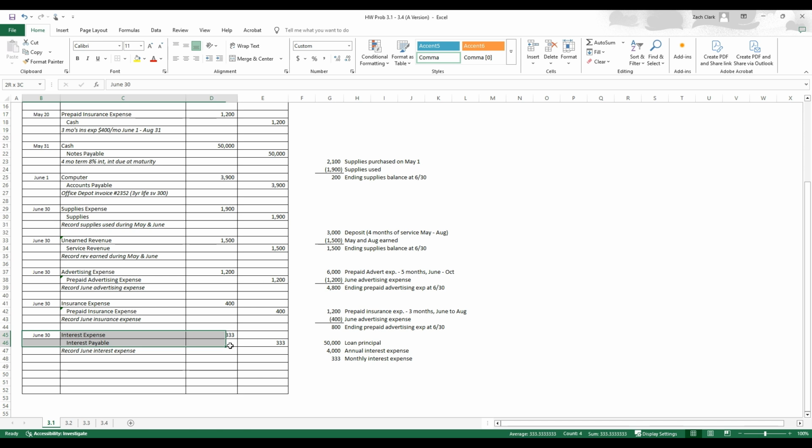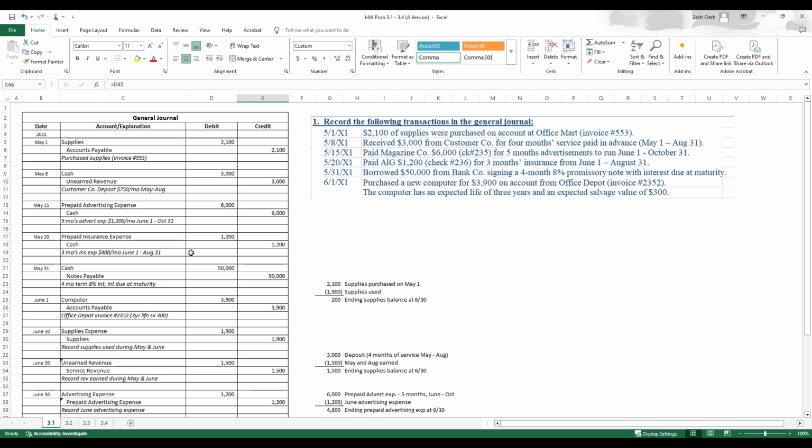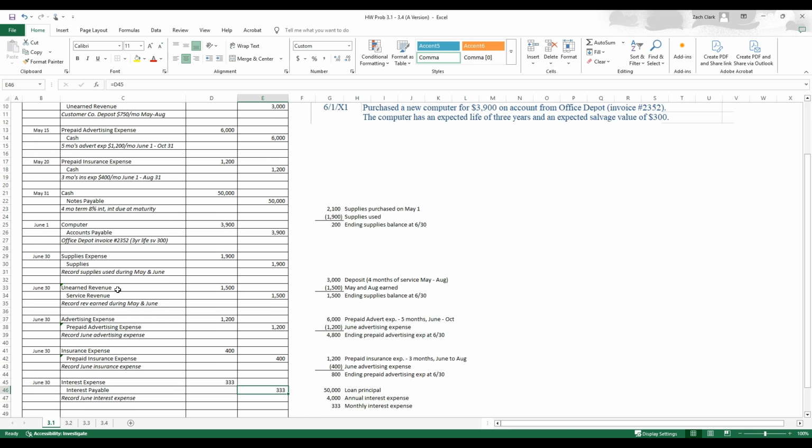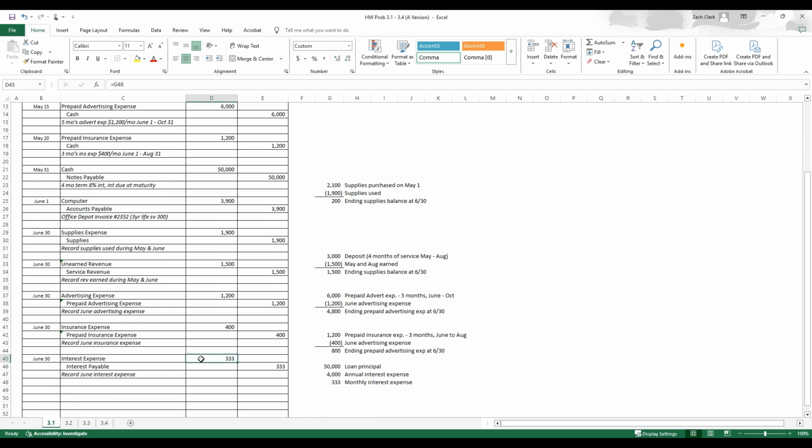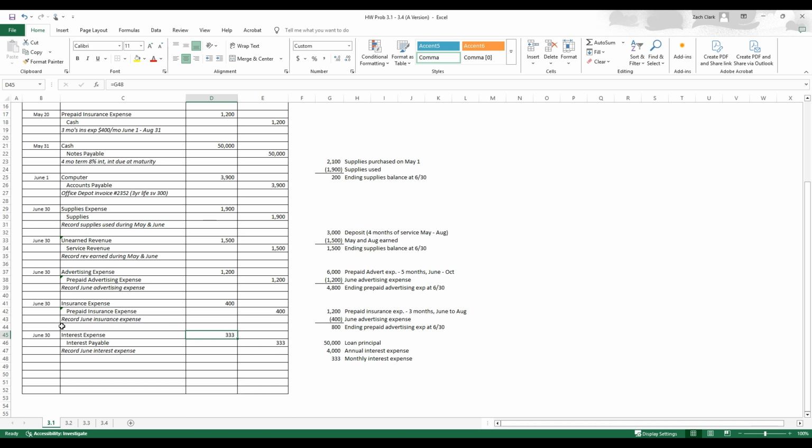And just to think about this, not that the problem asks us this specifically, but if we took out this loan on May 1st instead of May 31st, we would need to record 2 months of interest expense, then we would take this 333 times 2, basically, right? But since we took it out on May 31st, we're just recording 1 month in this entry.